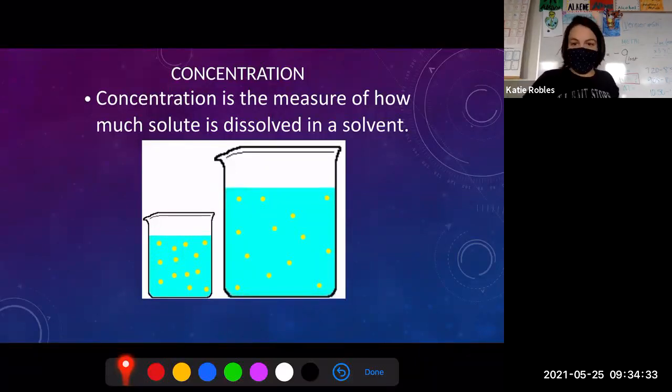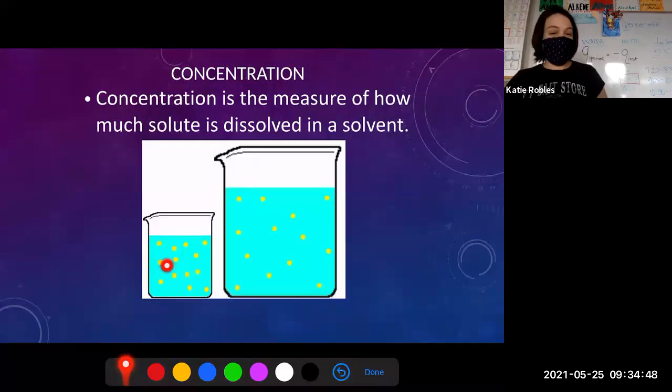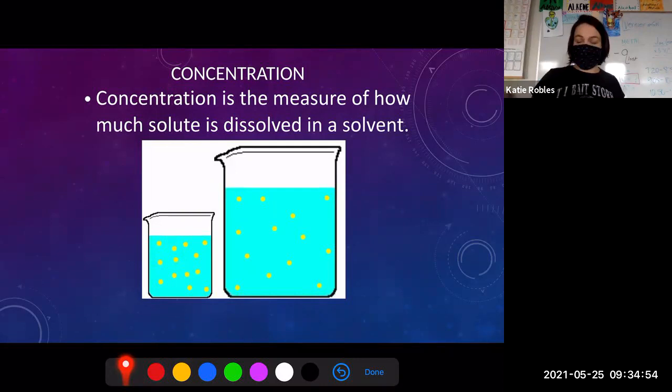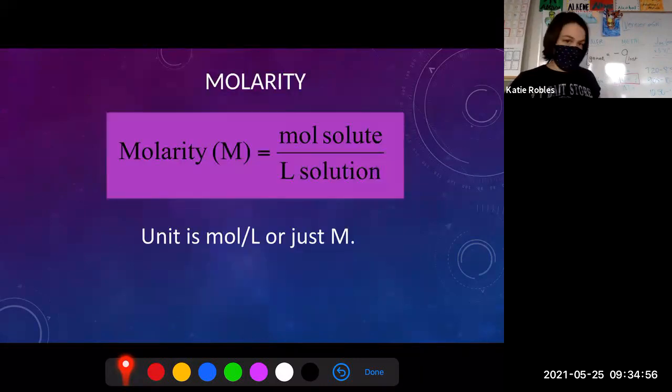Let's say they both have 5 grams of salt. But what they have is different amounts of solvent. And in this case, probably water. It's going to be salt water. So the one on the left is more concentrated than the one on the right. So concentration is going to be how much solute per solvent.